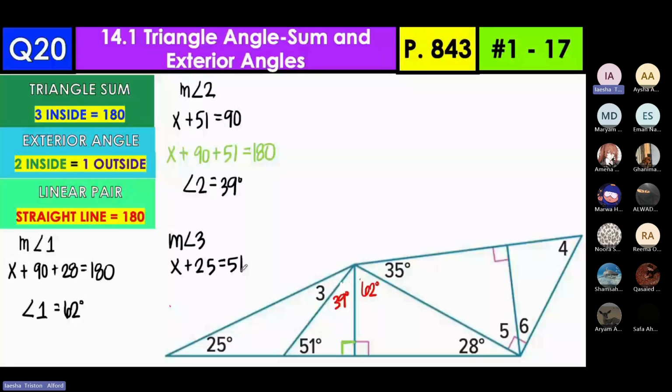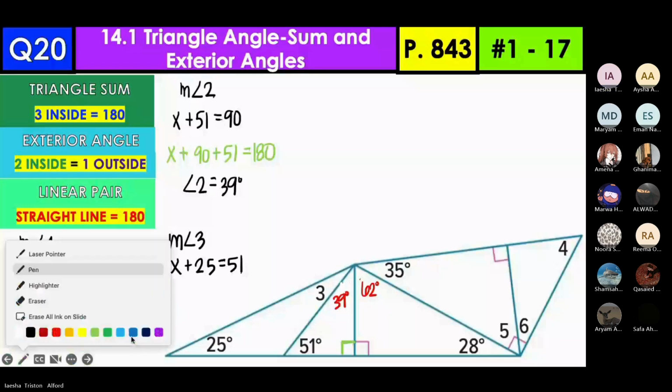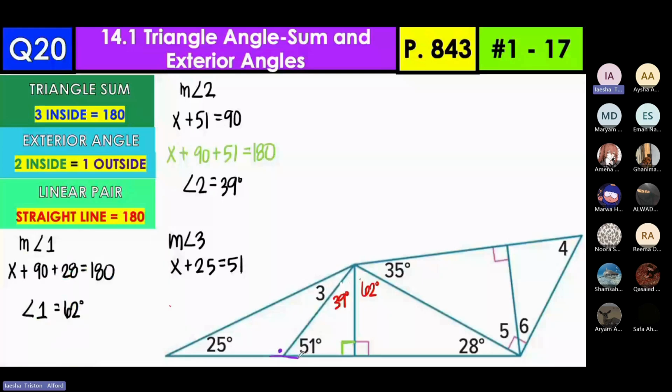If you want to do triangle sum for this one, you have to know what number is here. So these two, it has a name. What is the name for that? Linear pair. So if you subtract from 180, what number should be here? 129.